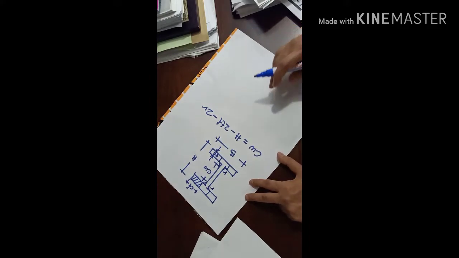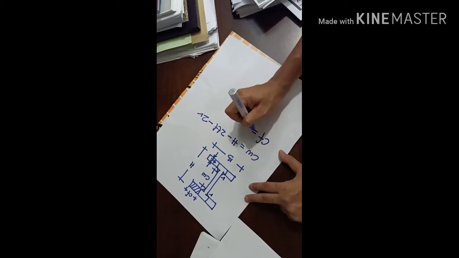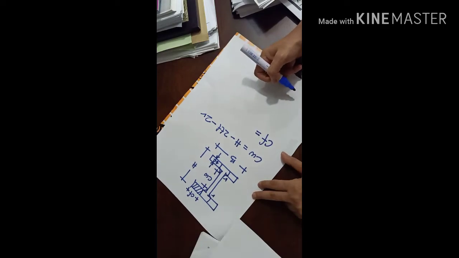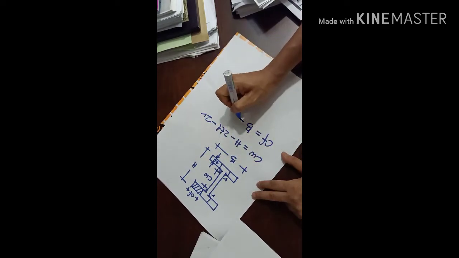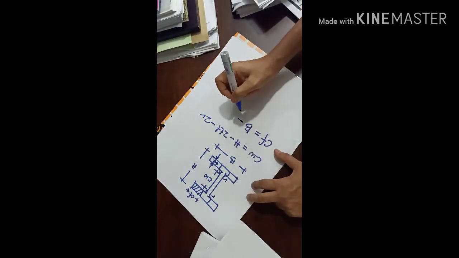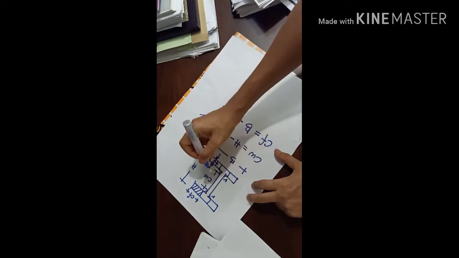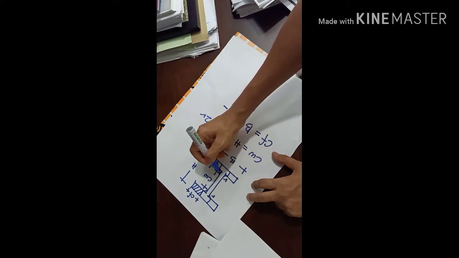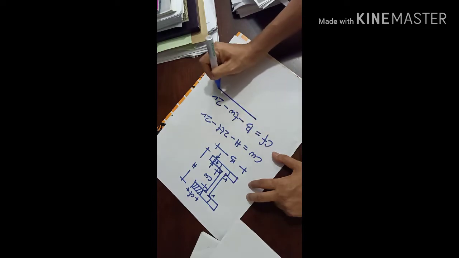Besides that, if you want to calculate CF, the critical flange, the equation will be B minus TW minus 2R, because we have one R here and another R from here, all divided by 2.